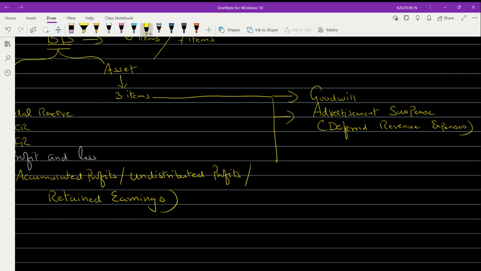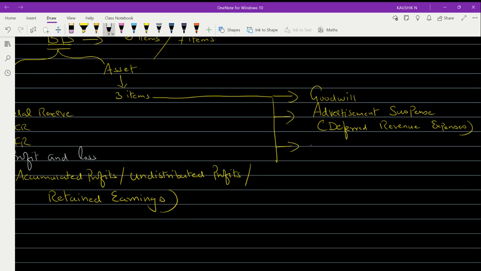So if you find any deferred revenue expense, advertisement suspense, appearing inside the balance sheet asset side column, then it should be debited to the partners' capital or current account in their old profit sharing ratio. Hope you are aware of this one, right?